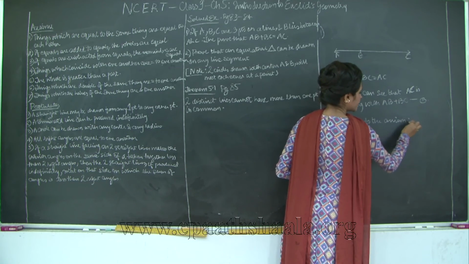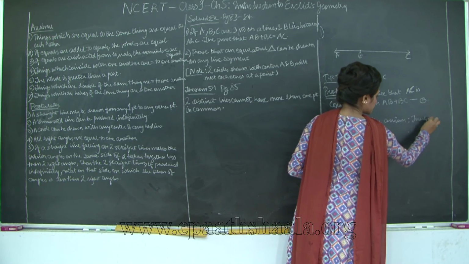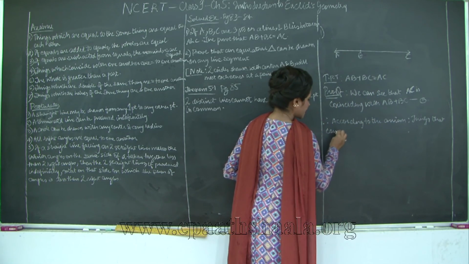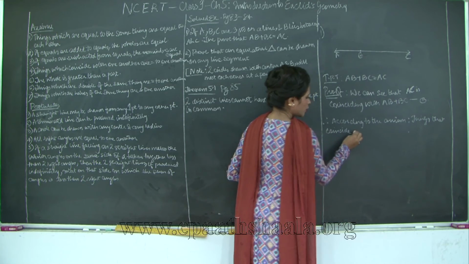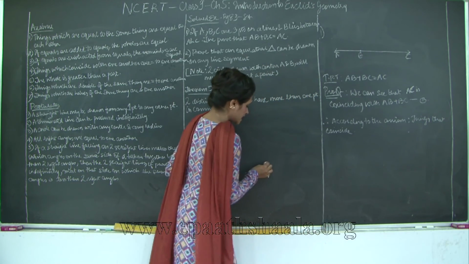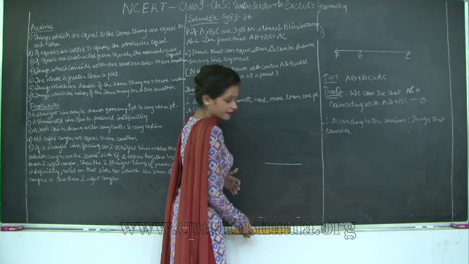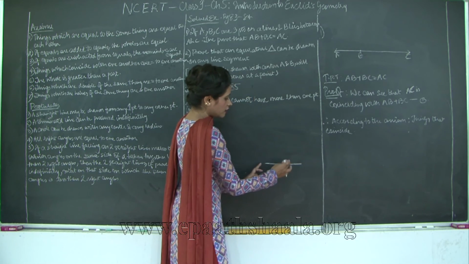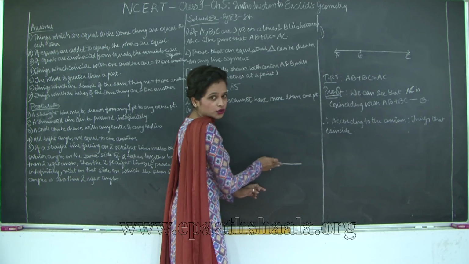Which axiom? Things that coincide. So, coincide is what? Superimposition. For example, I have one line over here, I place another line of exactly the same length on top of it. So, it makes it equal.